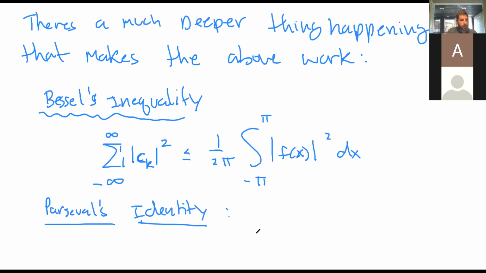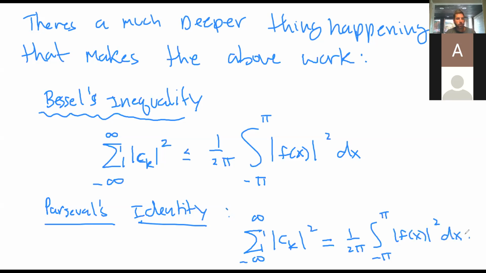It says that this thing is not just an inequality: if you add up the left-hand side, it's not just less than or equal to, it's equal to the right-hand side. So this is the structure that's at play with what we were doing. If we can briefly do this, this problem becomes much quicker if we appeal to Parseval's identity.